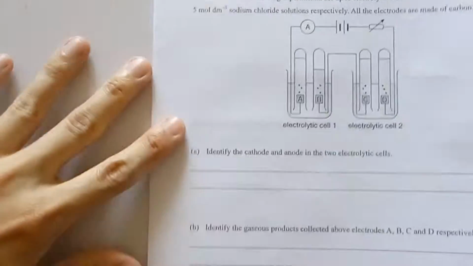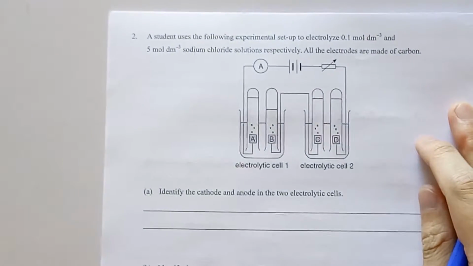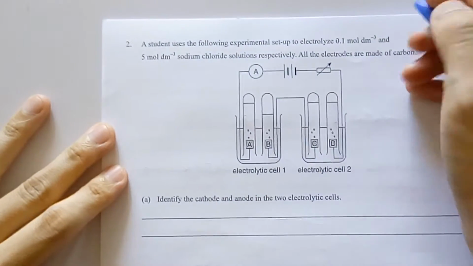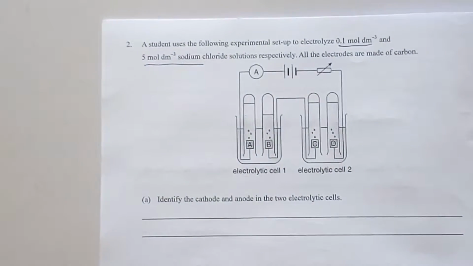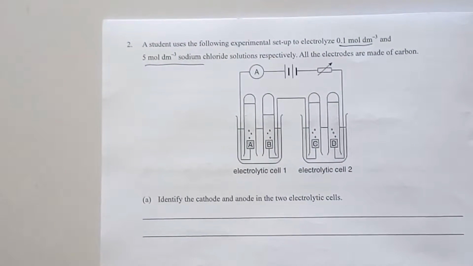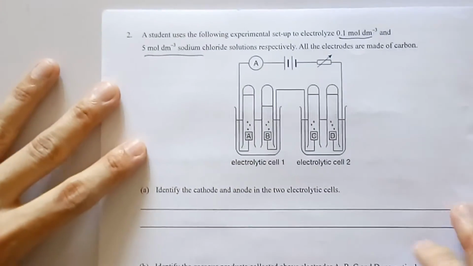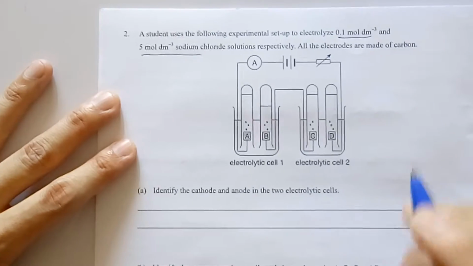But finally, we're going to see the final question in our notes. Now, in these pictures, there are two solutions of sodium chloride. One is very dilute, one is concentrated. We have no idea which one. So first of all, we need to draw the electron flow.